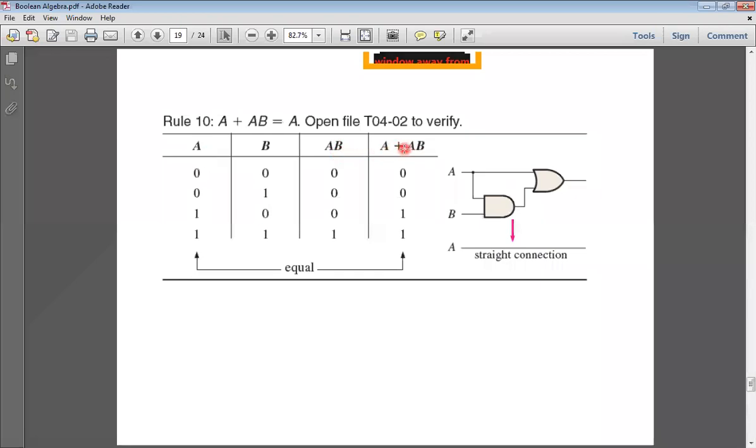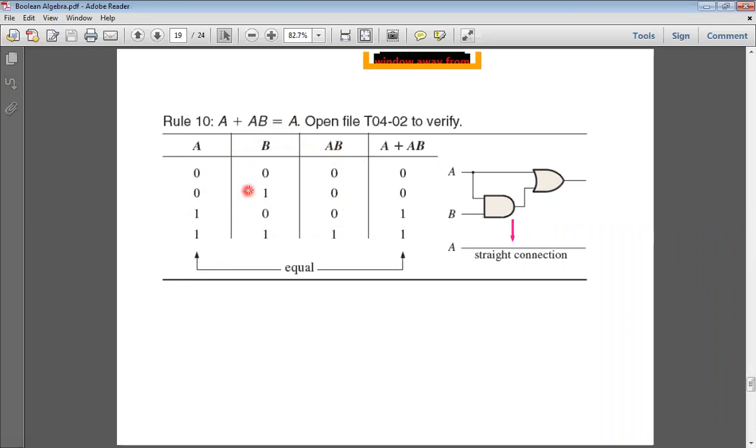This is the left hand side of the equality. When there are two inputs, what are the possible combinations? 4 combinations: 0 0, 0 1, 1 0, 1 1. You cannot imagine an input combination other than these 4. So we are verifying the left hand side and right hand side for all the input combinations.